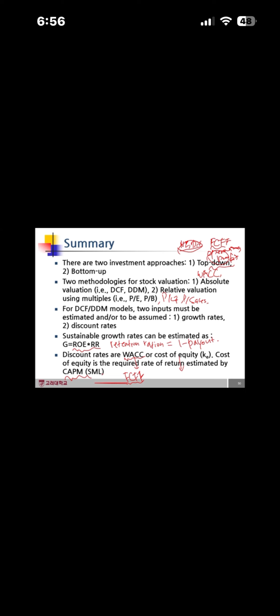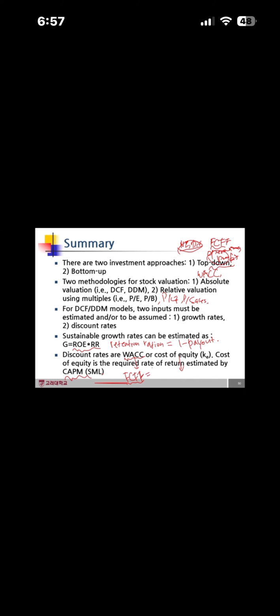And lastly, the free cash flow to the firm is a cash flow measure of earnings, because accounting earnings have some non-cash expenses or non-cash revenues, so we adjust to measure the exact cash flow of the firm.